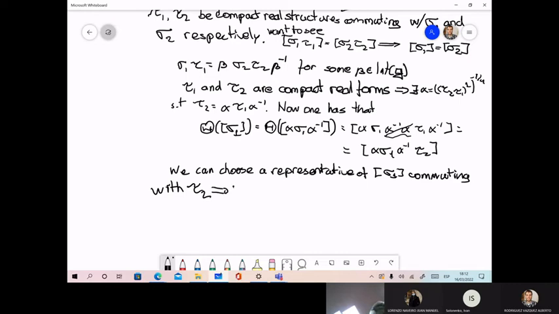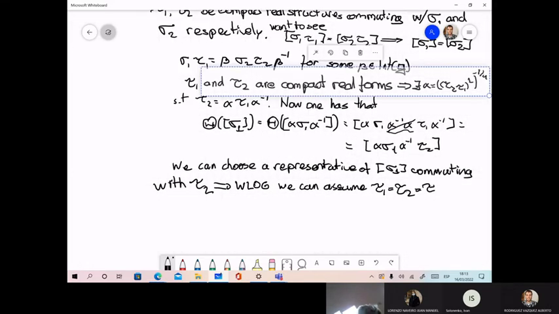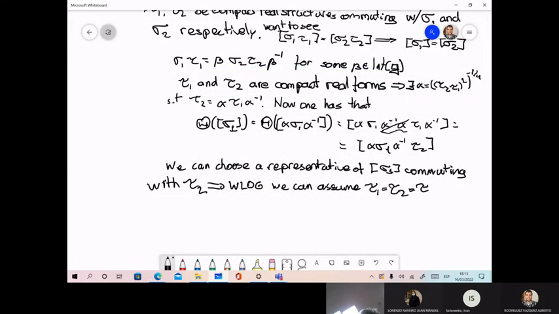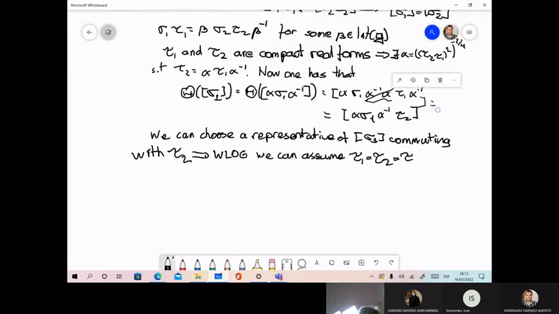So, without loss of generality, we can assume that tau 1 and tau 2 are the same, which I will denote tau in the rest of the proof. This is just because if sigma 1 does not commute with tau 2, and thus we cannot take tau 2 as a compact real form commuting with it, we can take another representative in its class such that it commutes with tau 2.